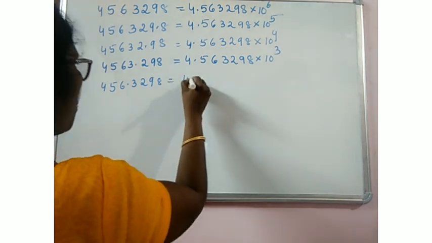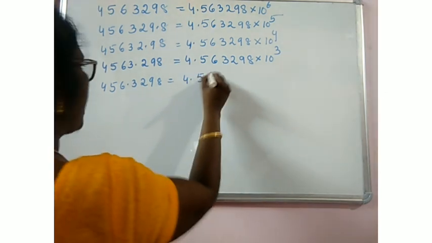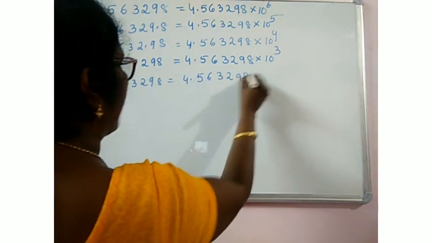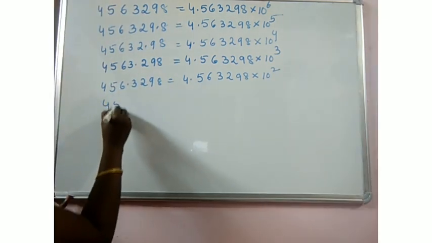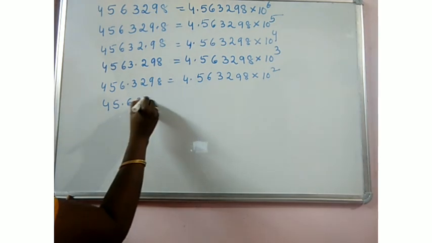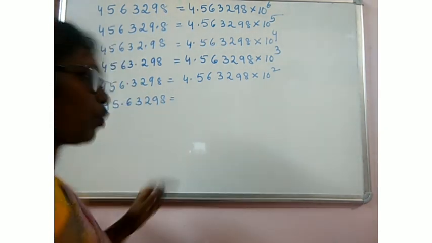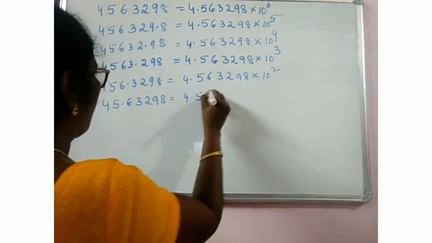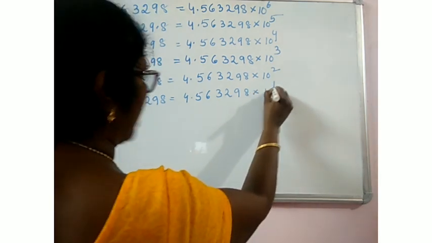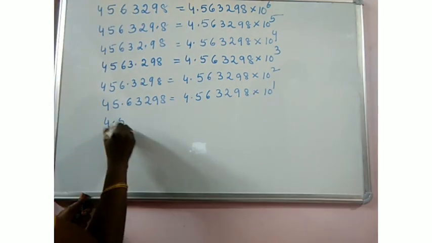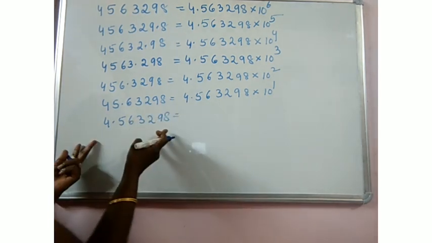Then the decimal has to move 2 places to this side, so 4.563298 into 10 squared. Suppose it is 4.563298 with the decimal here; then it moves only 1 place, so 4.563298 into 10 to the power 1.